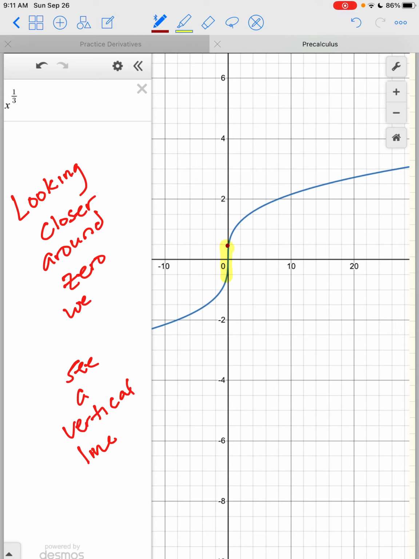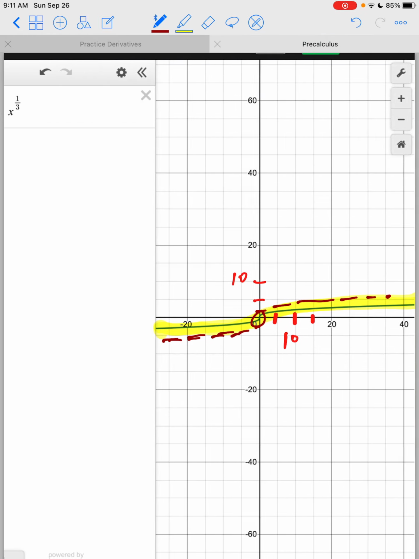My slope here, it's still increasing, but when we do derivatives, you're going to see that this is a vertical, it's undefined here. So it's like a vertical, it's not an asymptote, but a vertical line. So this is increasing all the way through, okay?